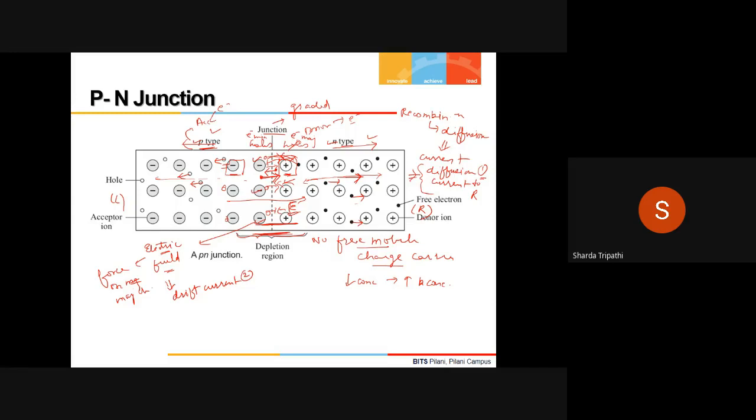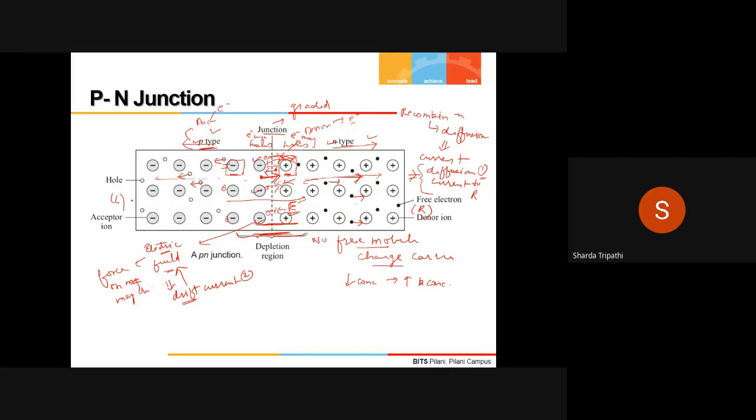What is the difference between them? The difference between them is diffusion current occurs naturally because of the difference in the concentration of majority carriers on either side of the junction, whereas for drift current, you need an electric field, which is in turn created due to the process of diffusion.